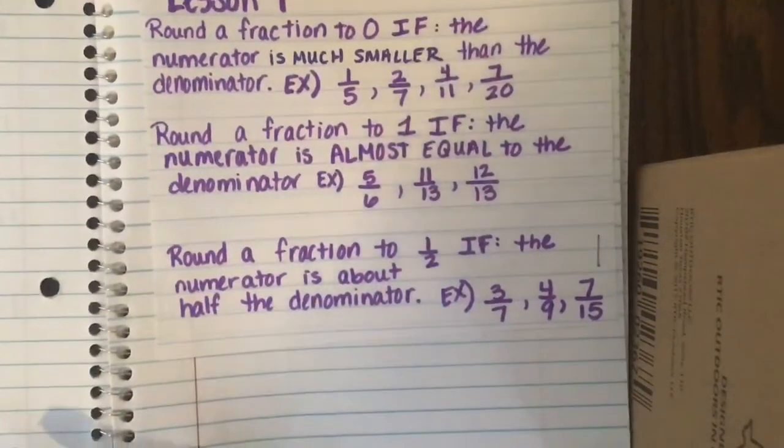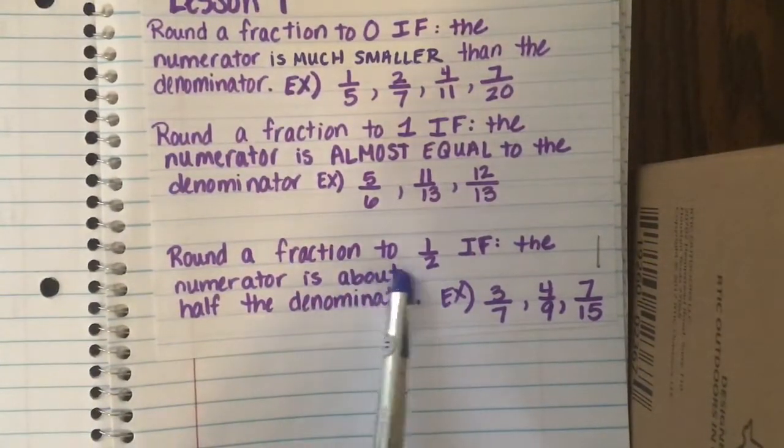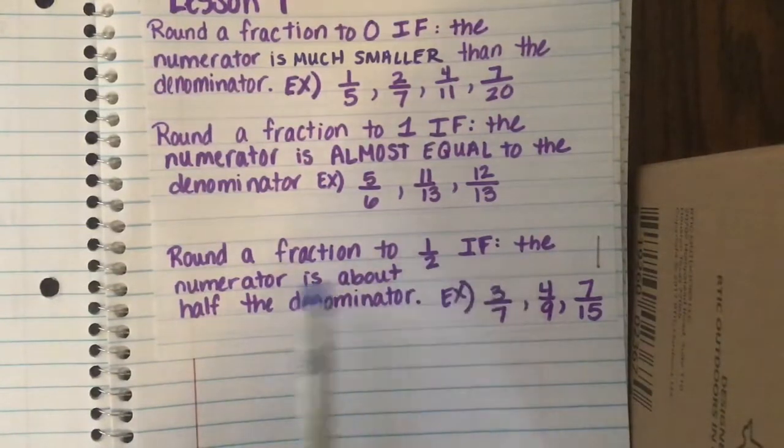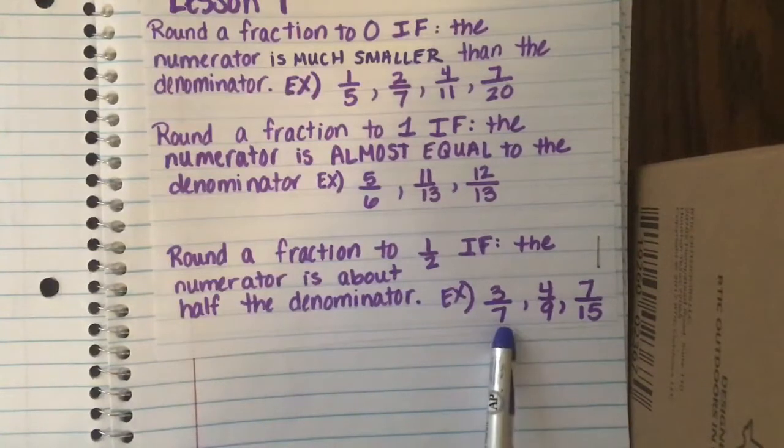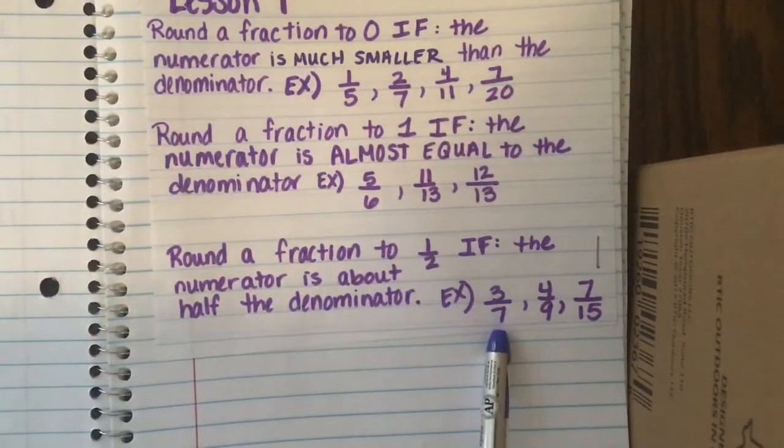And then we went over also rounding a fraction to half if the numerator is about half the denominator. An example here that I have is 3/7. 3 is almost half of 7. 3 is half of 6, so it's almost half of 7. So 3/7 would be about 1/2.